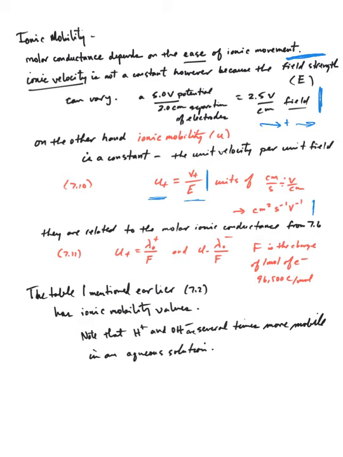So the ionic conductance, let me get that term right, my little lambda, the molar ionic conductance divided by a constant called the Faraday constant, that's the charge of 1 mole of electrons, gets you the mobilities. Those values are also present in 7.2. So the table I mentioned earlier has ionic mobility values.